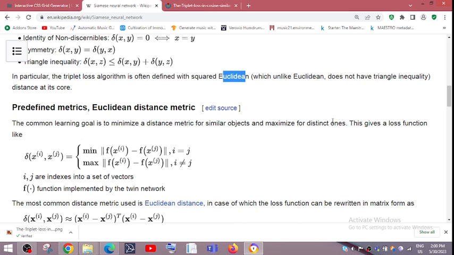The function is given by it, where x_i and x_j, and i and j are the indexes of the vectors. We are trying to minimize the distance or maximize the distance. Minimization is when i is equal to j, which means it is the same point. That means x and y are the same point, which gives zero. So we are trying to minimize this, and we are going to maximize the distance between two different points.